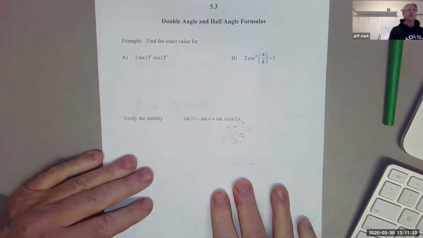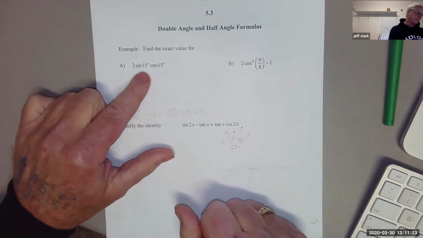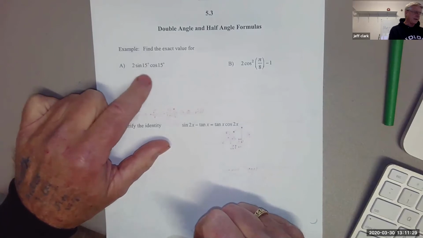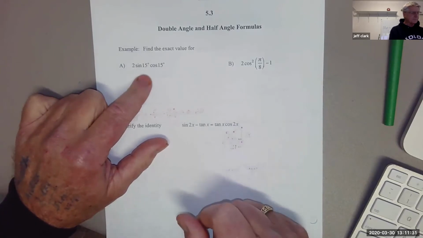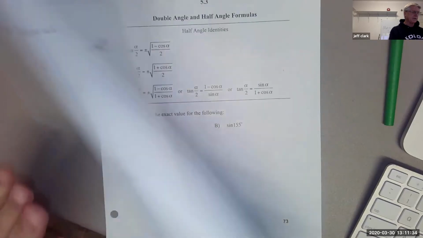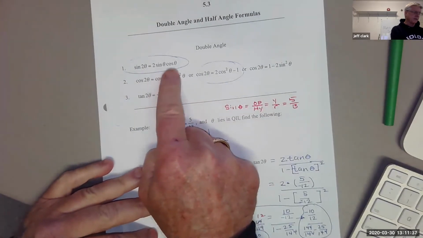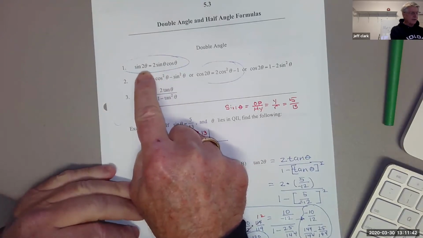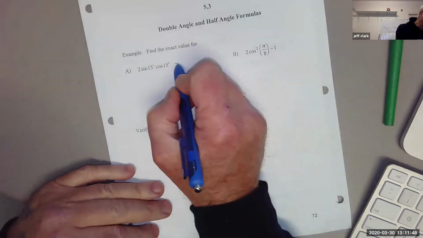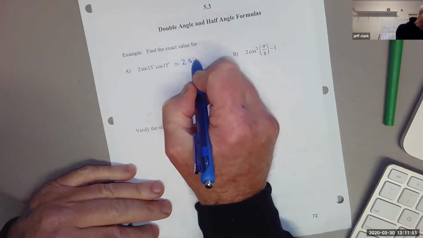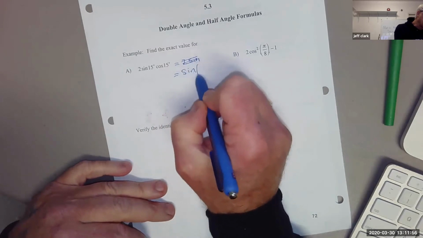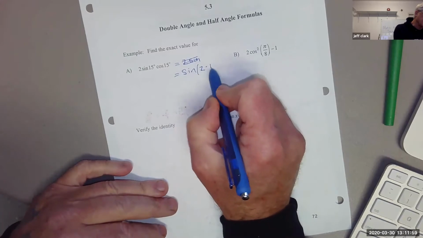So, same thing, wheel, don't know that. Have no idea. 15 degrees is not on the wheel. But if I use the identity that I saw in the front and go backwards, try to match that up: 2 sine cosine, right here, 2 sine cosine. Then it appears that I can rewrite that as sine of 2 times whatever the angle is, which is 15 degrees.